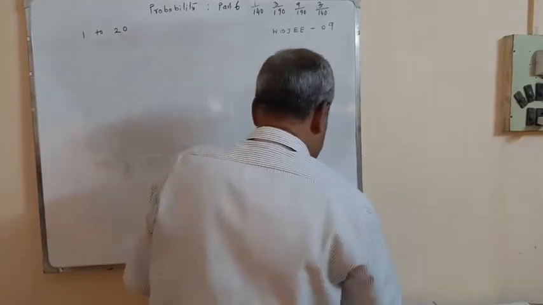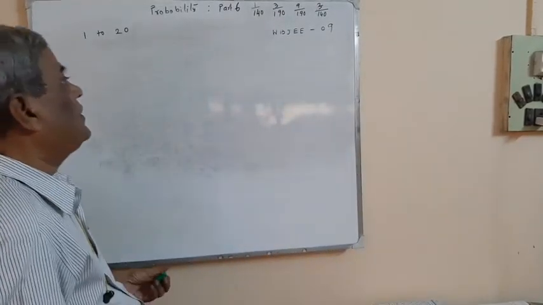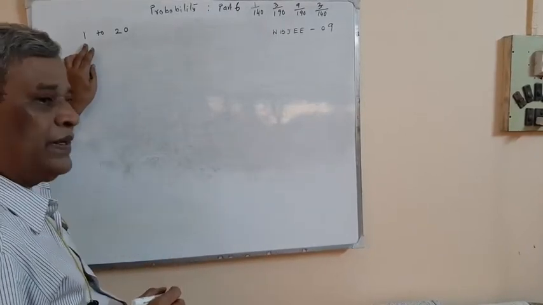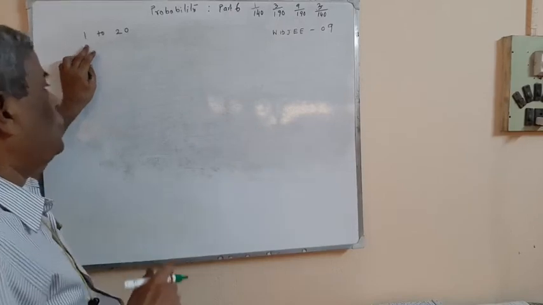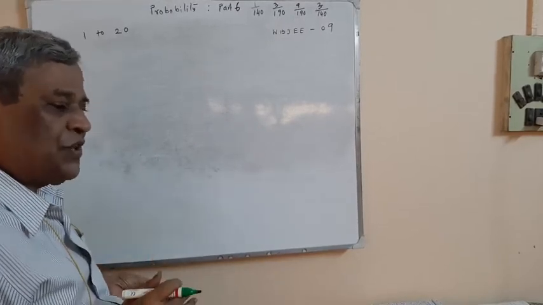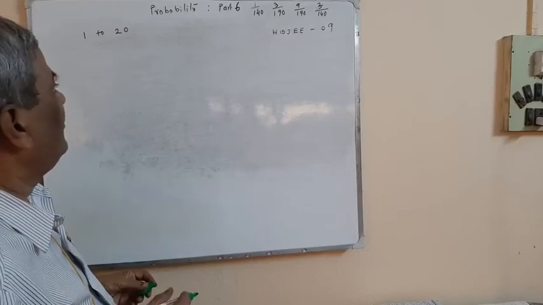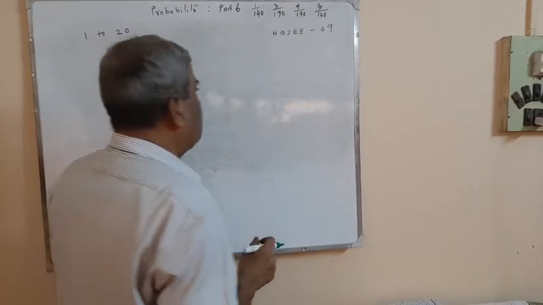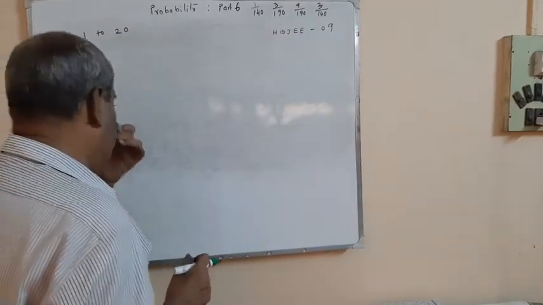Yes. So the problem is there are 20 integers starting from 1, 2, 3 up to 20, and from them 3 are chosen at random. To find the probability that they are consecutive.